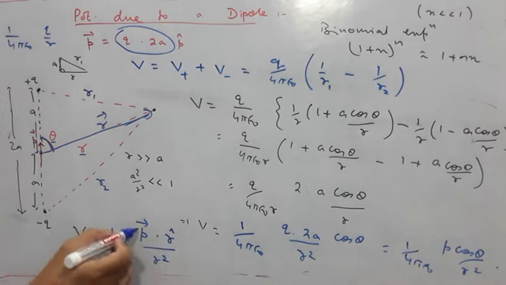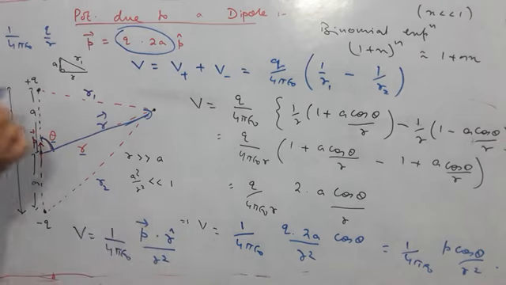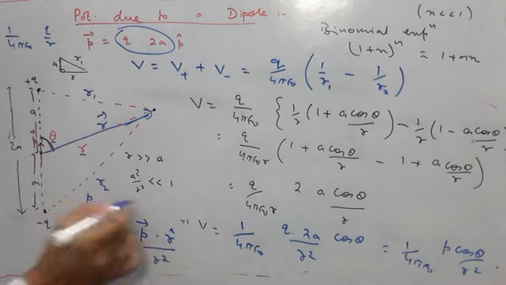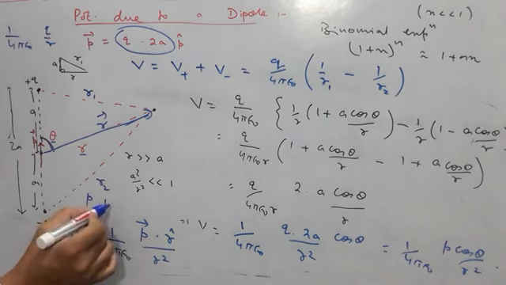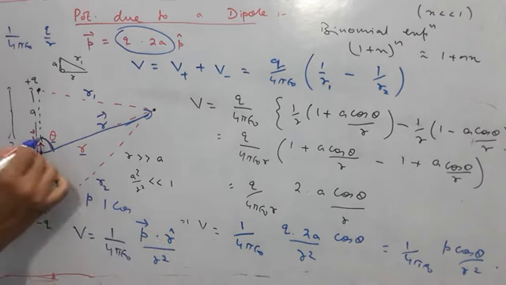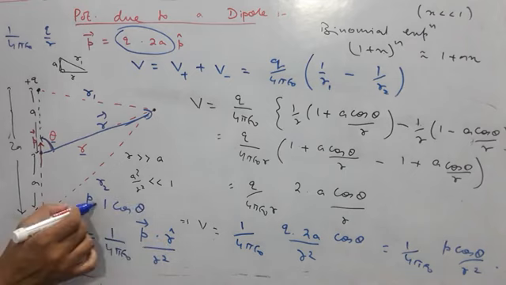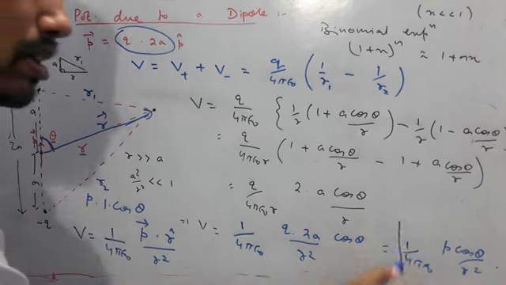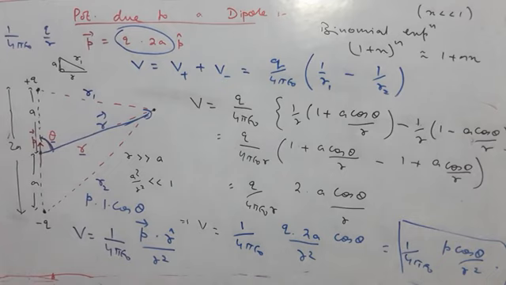You can see, students, P dot r cap, A dot B is how much? Magnitude of P, times magnitude of r cap, that is 1 because it is a unit vector, times cos of the angle between them, which is theta. So P into 1 into cos theta is nothing but P cos theta. So remember this formula, students, for potential due to an electric dipole.